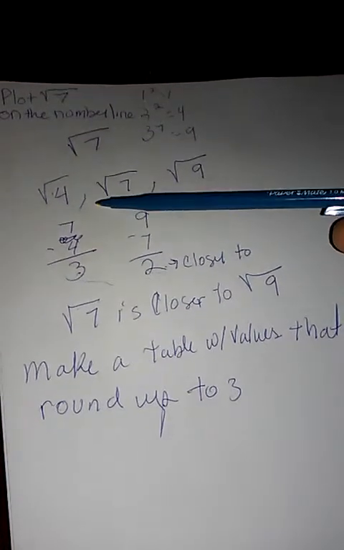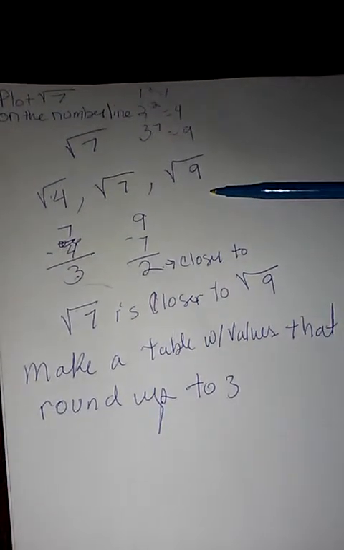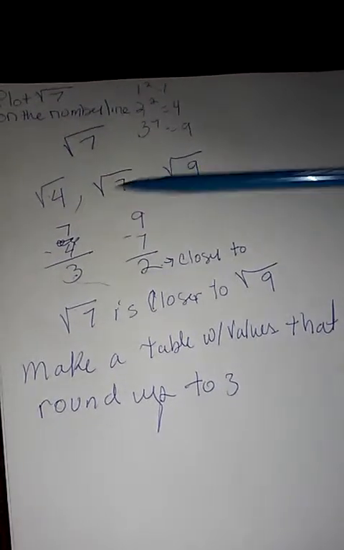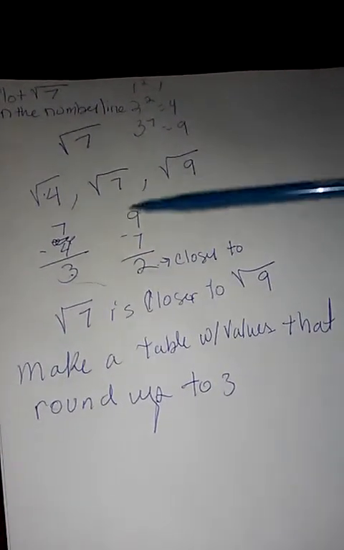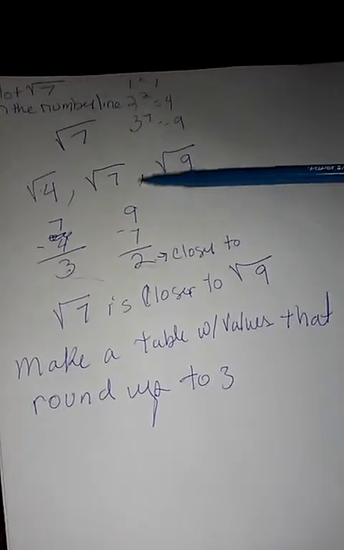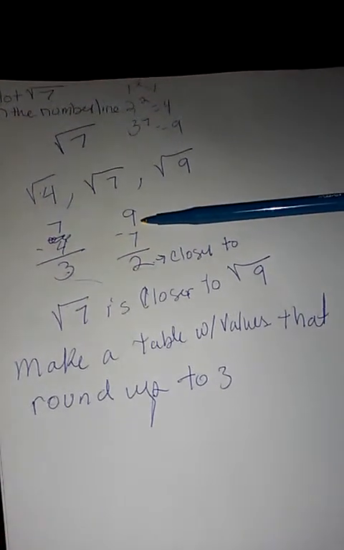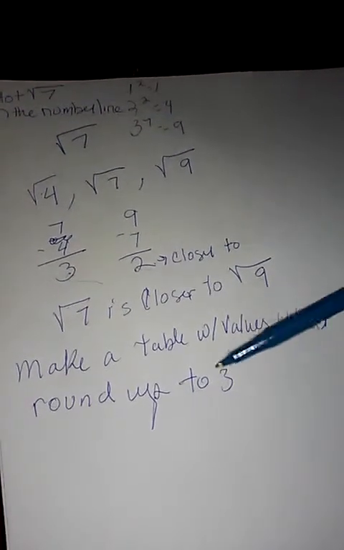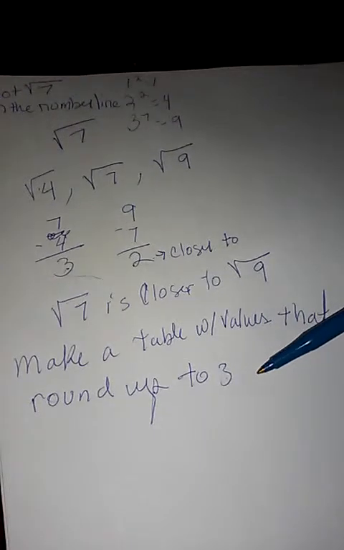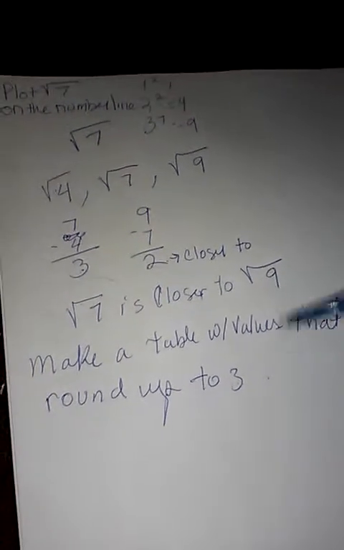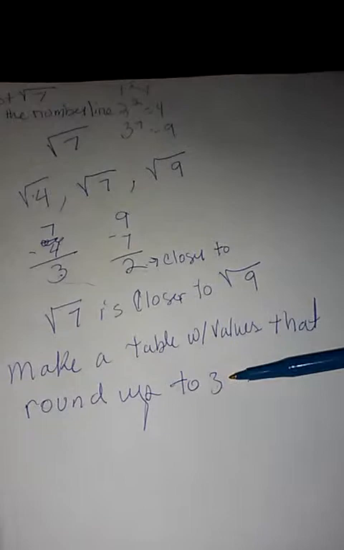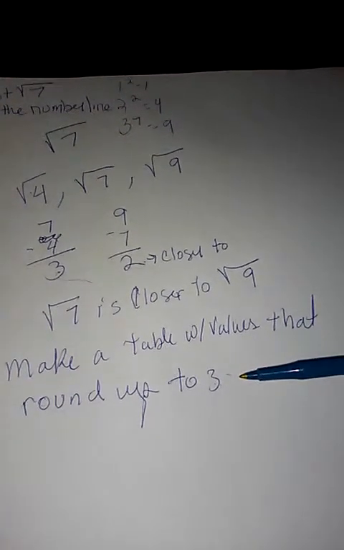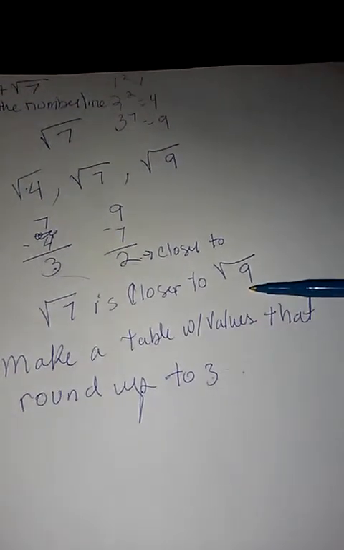Now we're using the rational numbers around it. After subtracting, we know 4 is in front of it, 9 is behind it. We said the square root of 7 is closer to the square root of 9. Well, the square root of 9 is 3. And if we multiply 3 times 3, we get 9, right? So then we need to use values smaller than 3 to multiply together because 7 is smaller than 9.